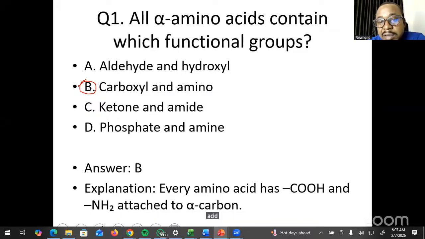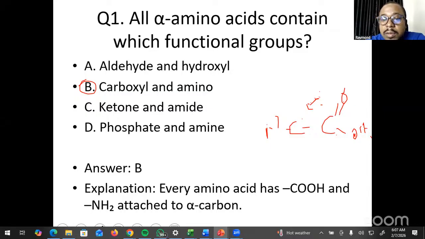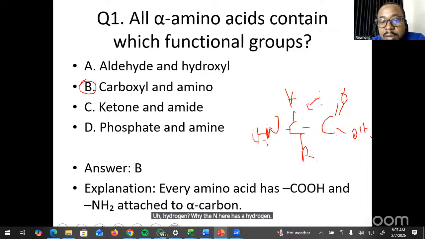So it has the carbon attached to the alpha carbon. I have hydrogen and R group, while the N here has a hydrogen too.